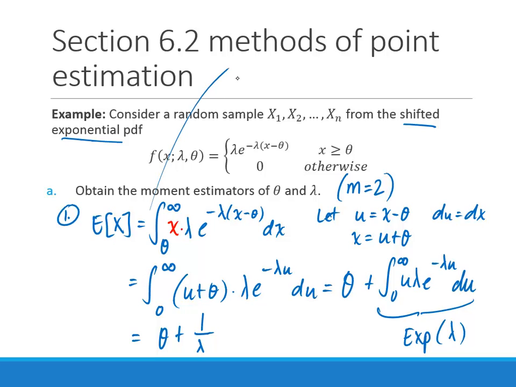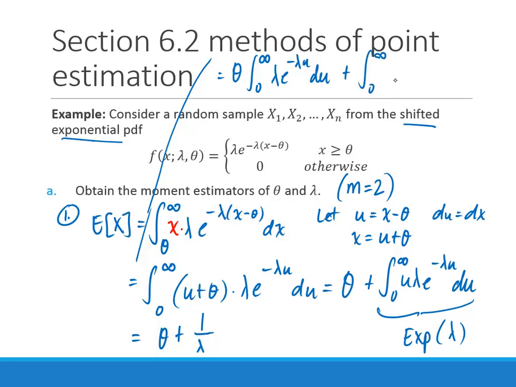Here, what I could have written out is the integral from 0 to infinity of, let's pull the theta out front, times lambda e to the negative lambda u du, plus this other expected value, u times lambda e to the negative lambda u. And this thing is a PDF, so that just equals 1.